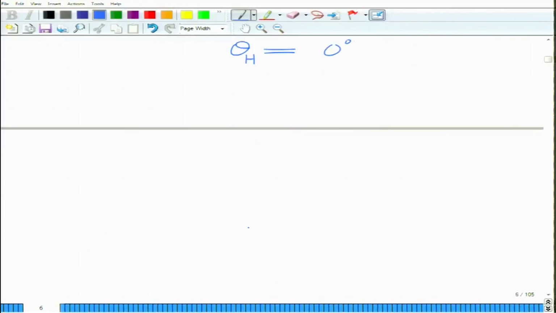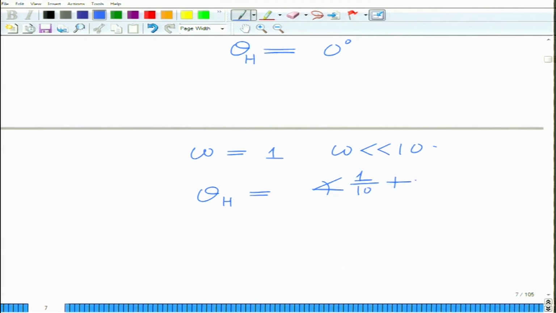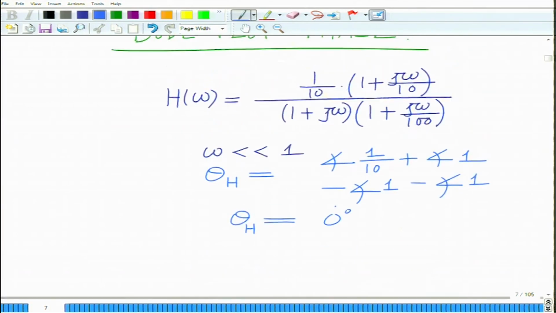Now, comes the interesting cases, when omega equals 1, but omega is much smaller than 10. Now, theta H equals the angle of 1 over 10 in the numerator, plus the angle of 1 plus j omega over 10, which is still the angle of 1 approximated by 1, minus the angle of 1 plus j omega, which when omega equals 1 is pi by 4.